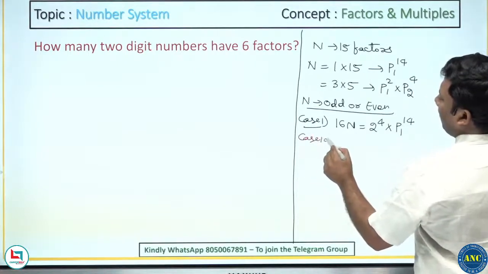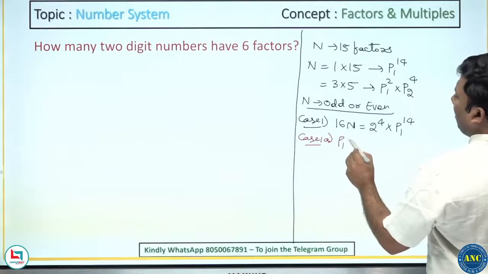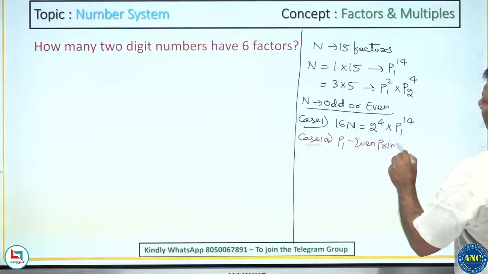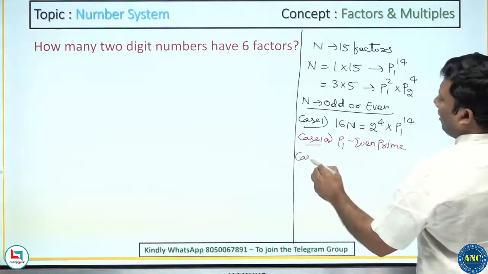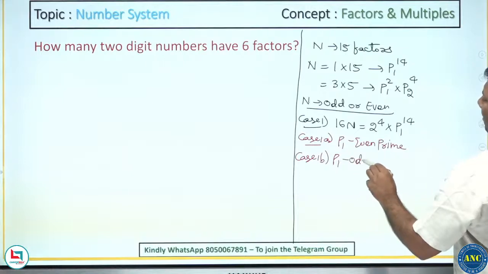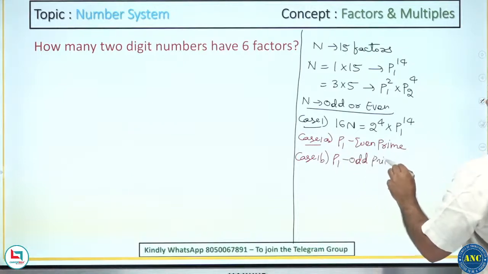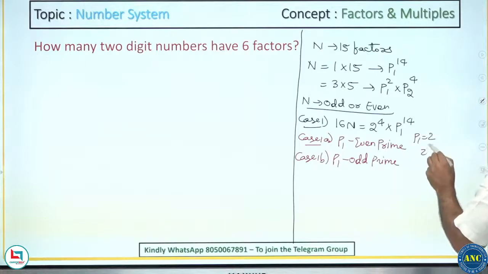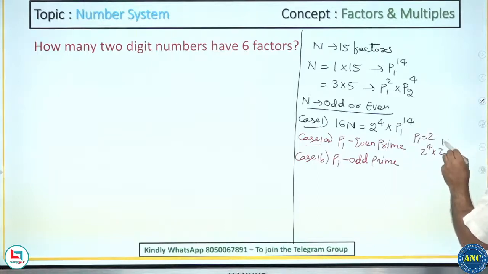Case 1a. p1 can be even prime. Case 1b. p1 will be an odd prime. If it is an even prime, p1 equivalent to 2. 2 power 4 into 2 power 14, 2 power 18.